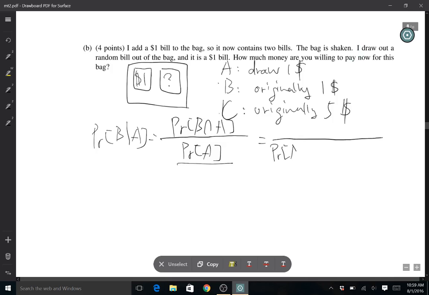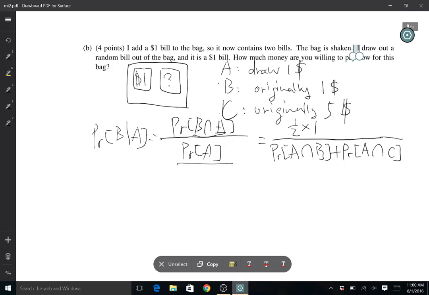First case is the probability of A and B plus the second case, which is the probability of A and C. For A and B, we know that if the original bag is 1 and you draw 1, this would be 1/2, the probability of B, times 1, the probability of A given B. Because if both bills are $1, then with probability 1 you will get a $1 from the bag.